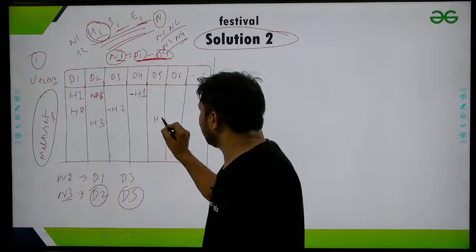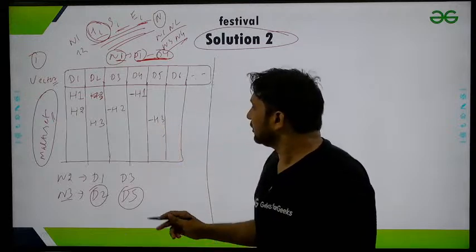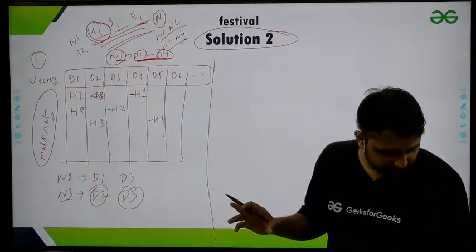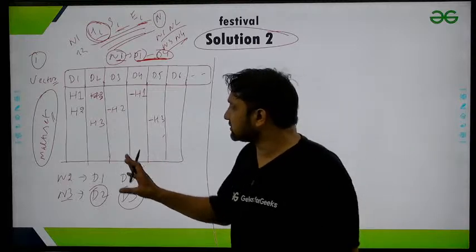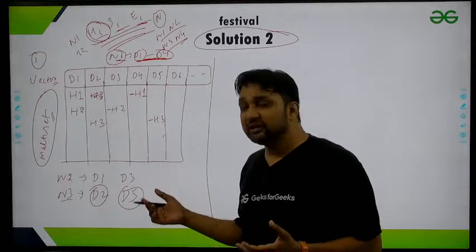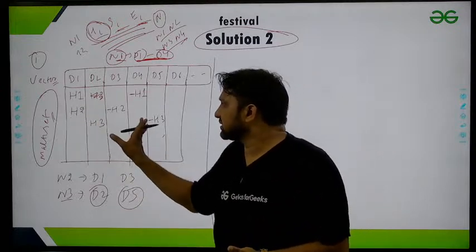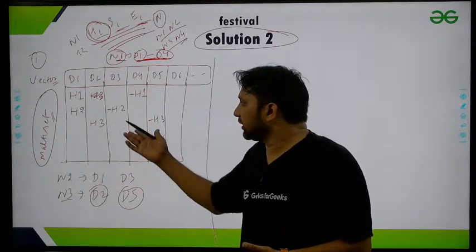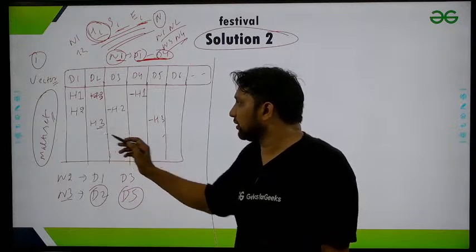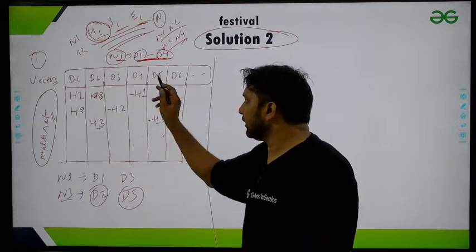Simple. Keep it very simple, don't get confused. I am simply storing the starting day and ending day of each event with the help of its happiness. From the happiness I can find out that I am talking about event 3, whose starting day is 2 and ending day is 5.